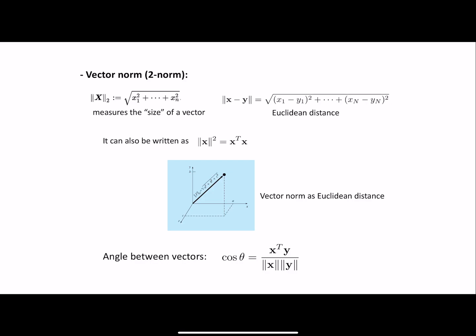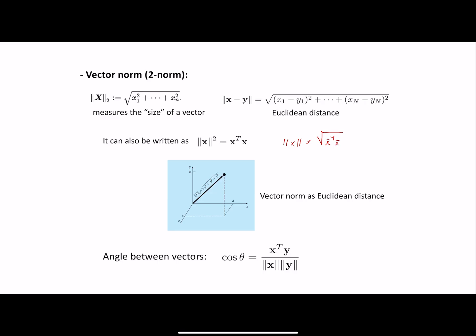If you remember the definition of the dot product between two vectors, we can figure out that this is another way to write the norm of a vector. If we take the square root of both sides, the norm will also be equal to the square root of x transpose x. And as I mentioned, this can be viewed as a Euclidean distance.